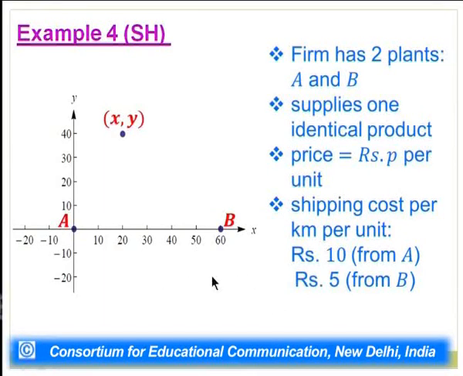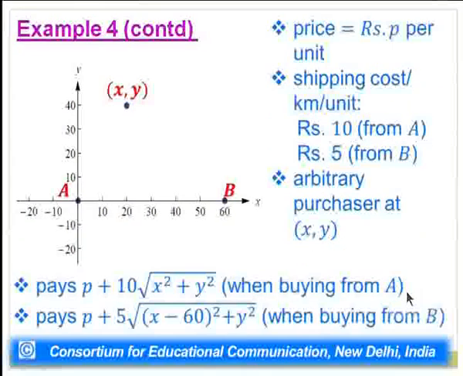So as I was saying, this firm has two plants, A and B, and there is a shipping cost also which the firm has to incur in order to ship the good to where you're located. So the shipping cost per kilometer per unit from A is rupees 10, and from B the shipping cost is rupees 5. Okay, so let's suppose there's an arbitrary purchaser or a customer who's located at a point like x comma y.